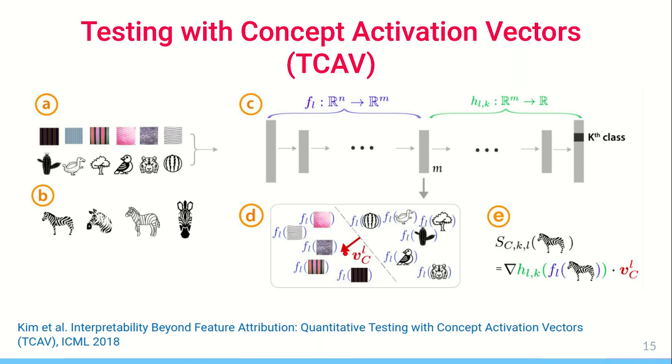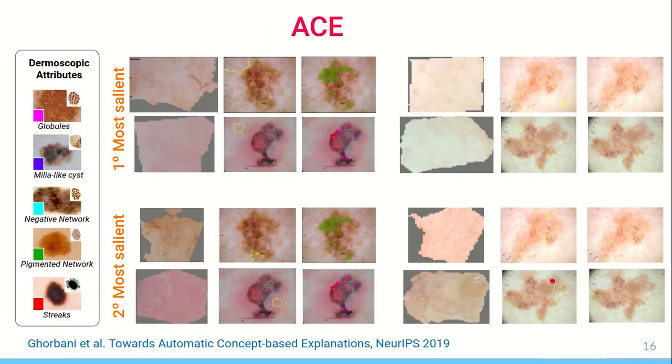And to quantify the importance of the concept for the class, it calculates the directional derivative of the prediction with respect to the concept vector. So, here we have 4 randomly selected examples of the top 4 important concepts for the class melanoma.